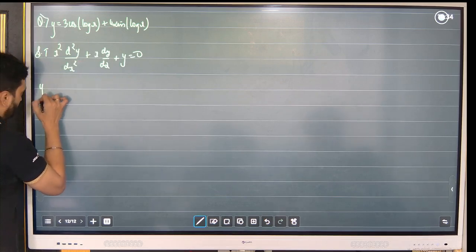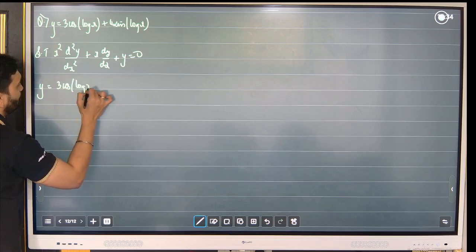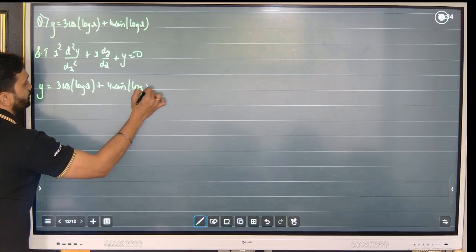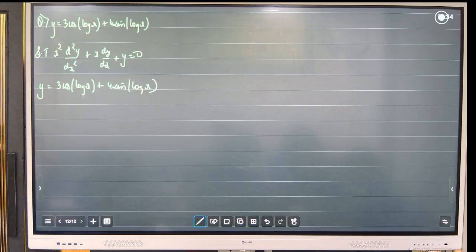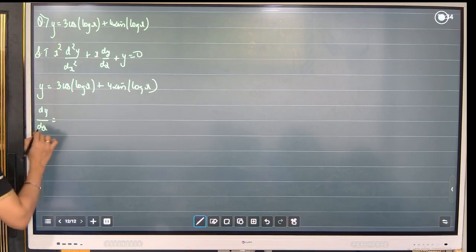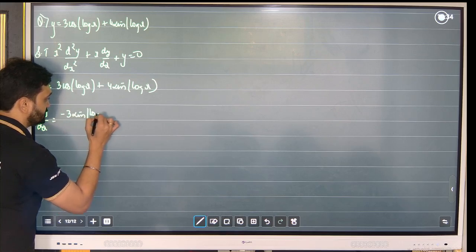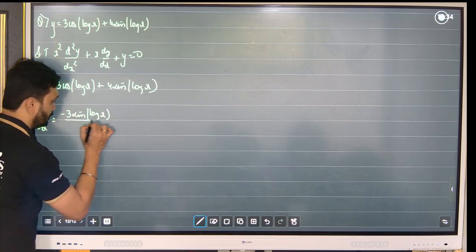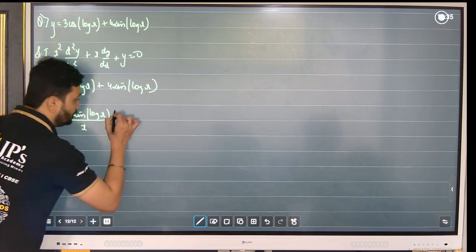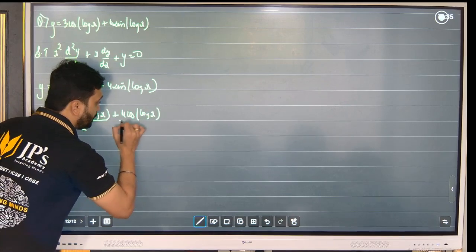How? y is equal to 3 cos log x plus 4 sin log x. Okay, I'll differentiate this. So dy by dx will become minus 3 sin log x upon x, that is the derivative of log x, plus 4 cos log x upon x.